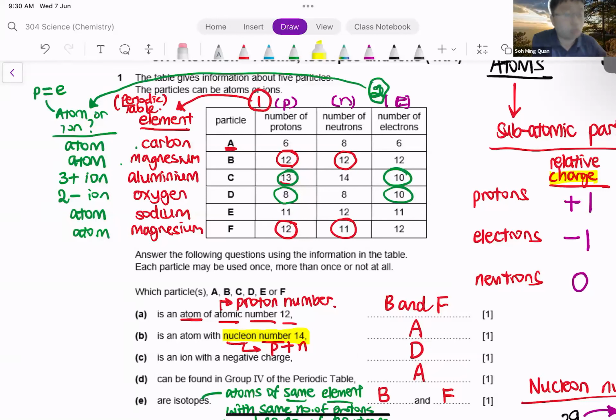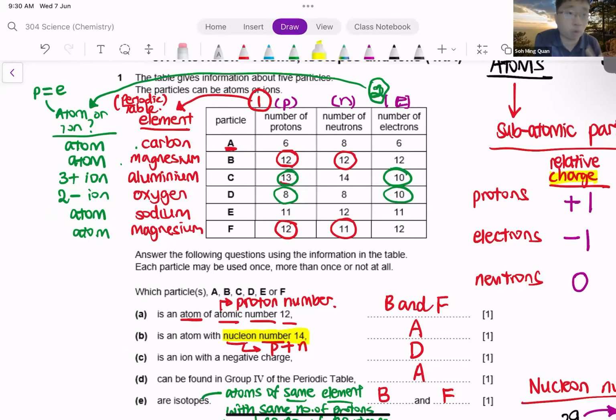All right. So today we have summarized what is inside an atom. We have summarized what is proton number and nucleon number. Hopefully we remember nucleon number is proton plus neutron, P plus N. We have also summarized how to use the number of electrons to write the electronic configuration.